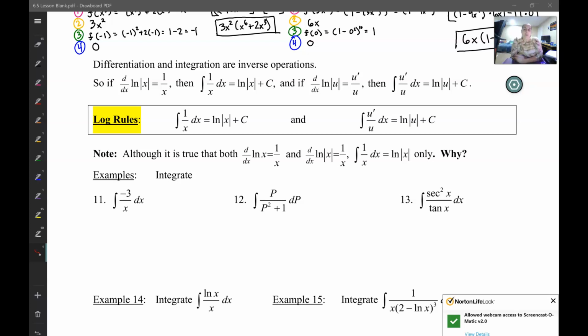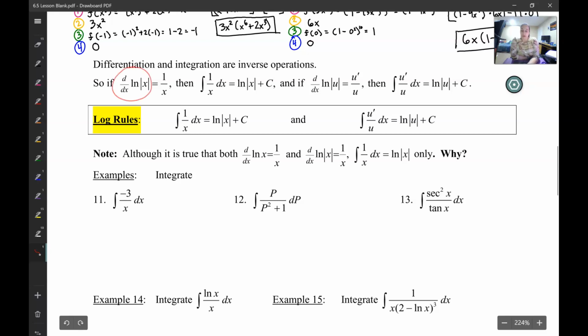In this next video, let's talk about integrating with the log function, more specifically the natural log. So let's do a quick review. We learned that the derivative of ln of absolute value of x was 1 over x. That's something that we've been doing for months now.